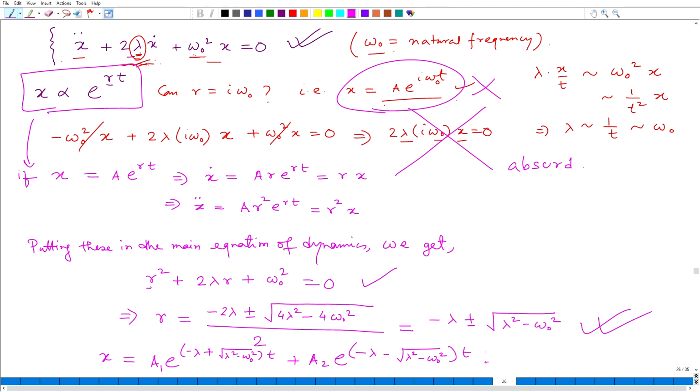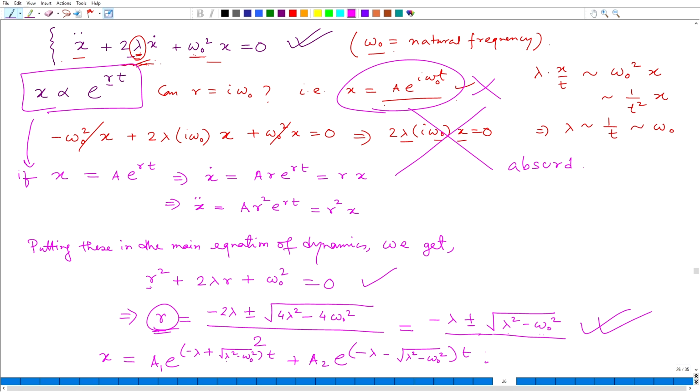Now, we have to understand one point, and be very careful, that here we are making x real or imaginary or in general complex, and that is according to our freedom. We have to be careful in the formation of the equation, of course. When lambda is greater than omega 0, there is no problem, both the values of r are real.